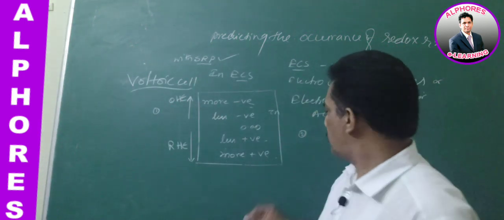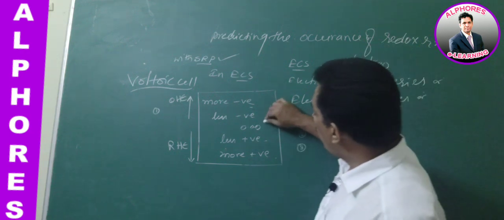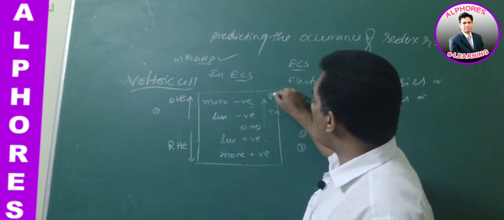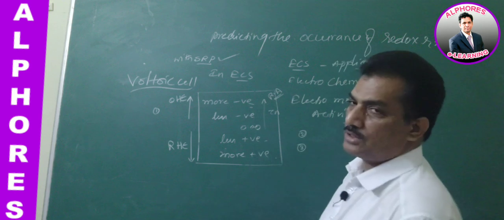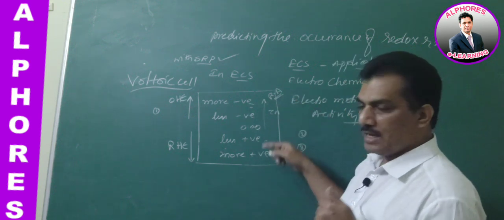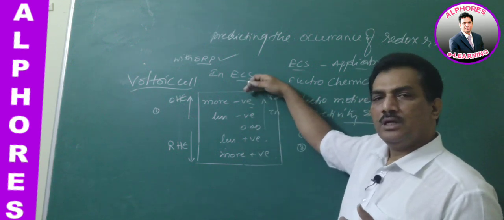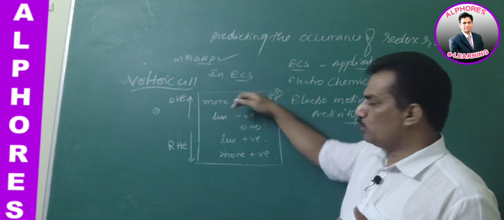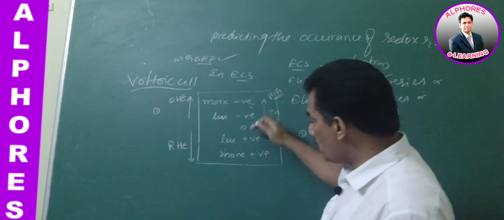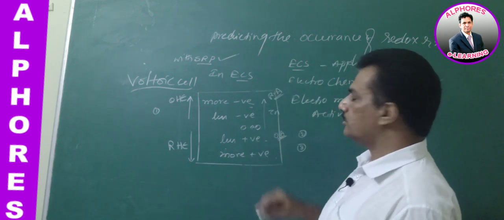Clear? And next, one more conclusion: the above metal can behave as a strong or best reducing agent. The metal or element present at the top of the electrochemical series, with more negative SRP, will behave as a reducing agent, and below metals will behave as oxidizing agents.